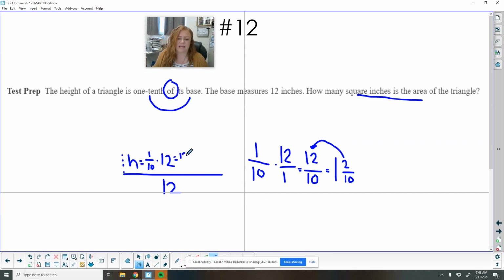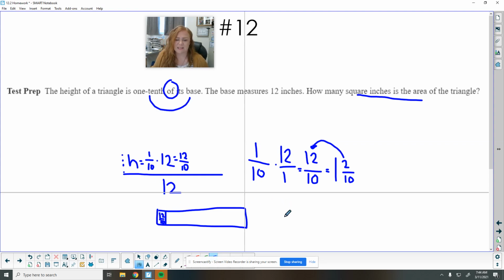My answer here is 12 tenths. So a tenth of 12, right? If I take this thing that's 12 and cut it up into 10 pieces, each piece is 1 and 2/10. So 10 times smaller than 12 is 1 and 2/10.